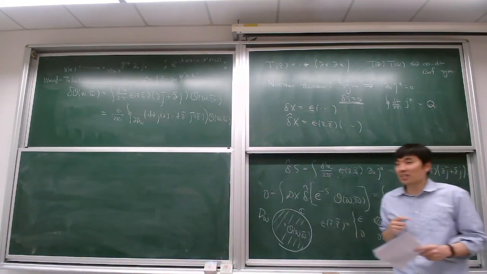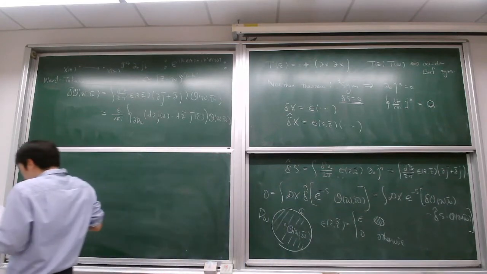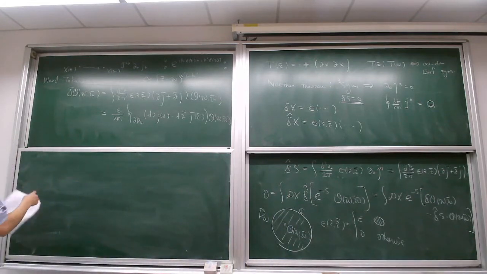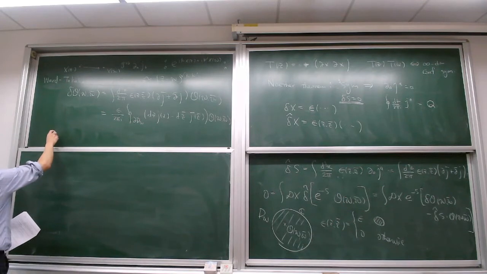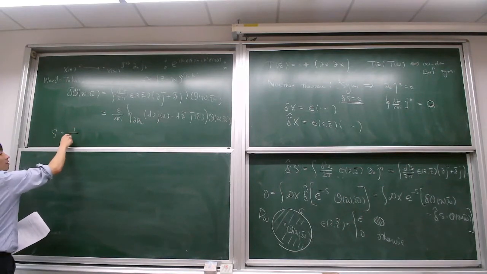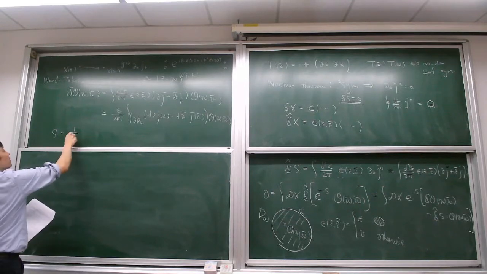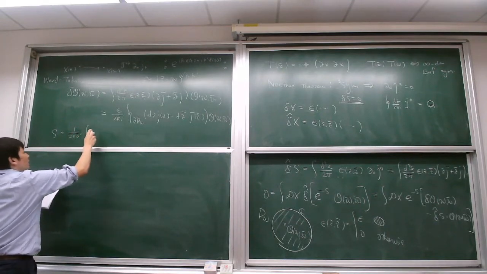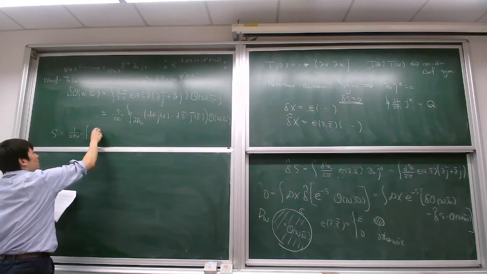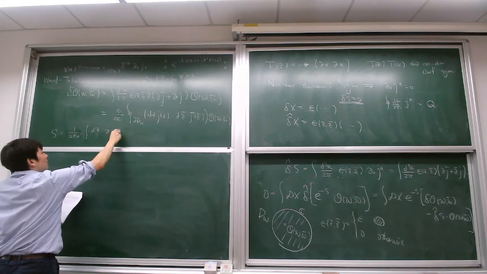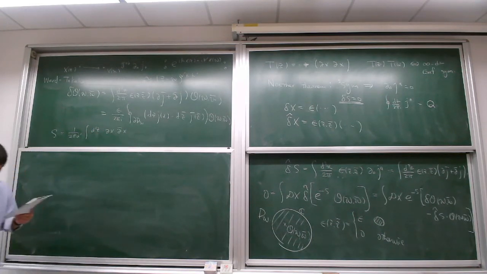Of course, the example is the free boson, the free scalar theory. As you know, the free scalar theory action is something like 1 over 2 pi alpha prime, and so on. This is the action, essentially.